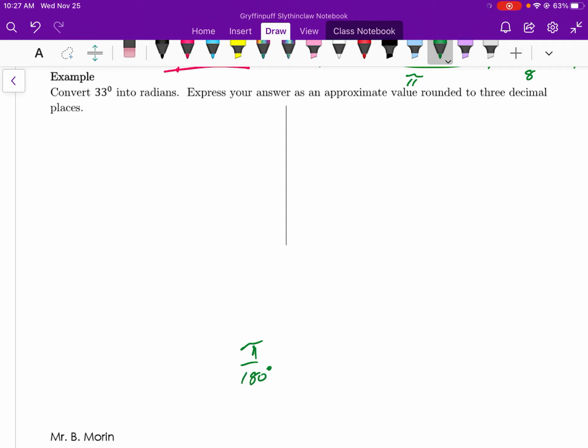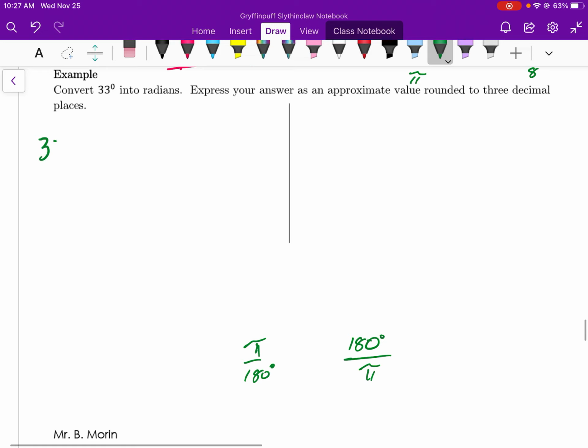So I'm going to use the conversion factor, and then I'm going to use a ratio. So the two conversion factors that I have to deal with are this, right? It's either pi over 180 or 180 over pi. So if I want to change 33 degrees into radians, what I need to do is multiply it by pi over 180 degrees.